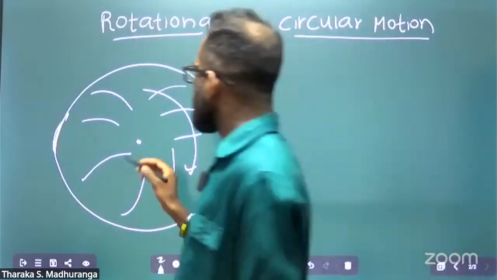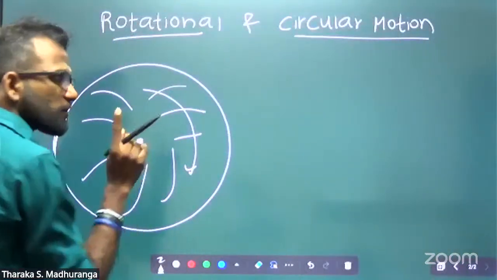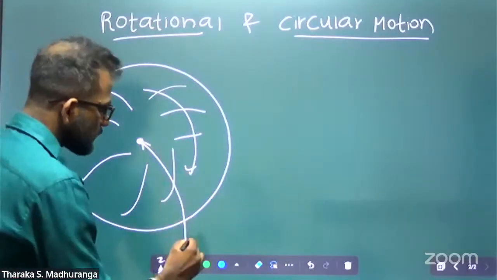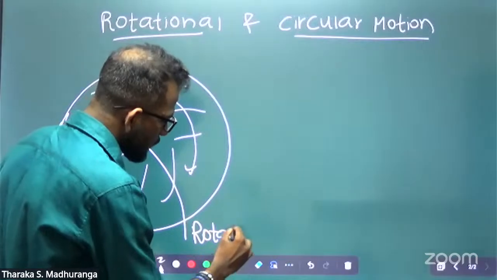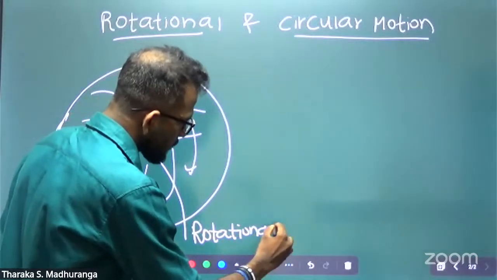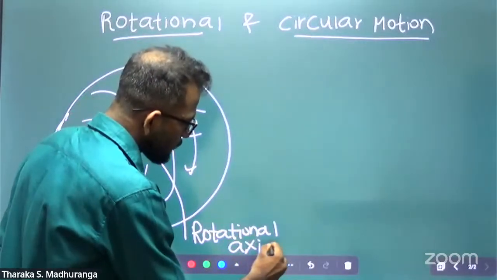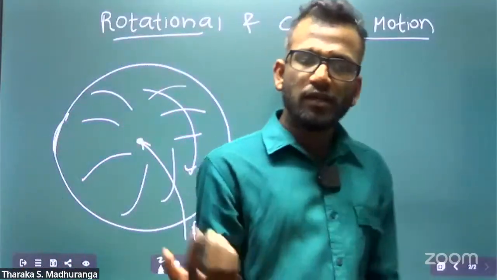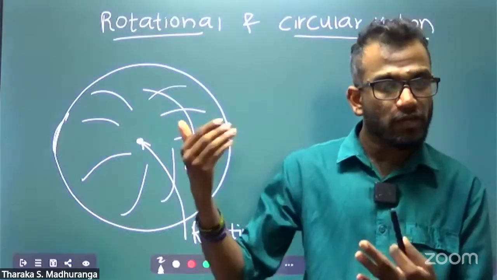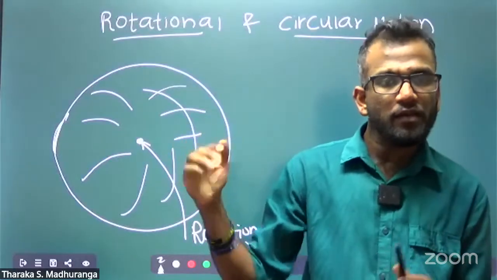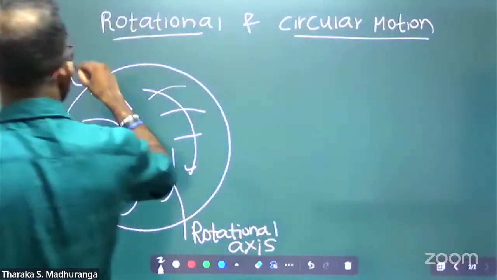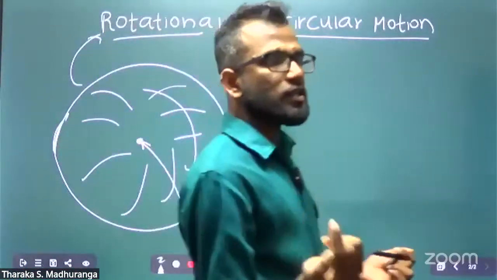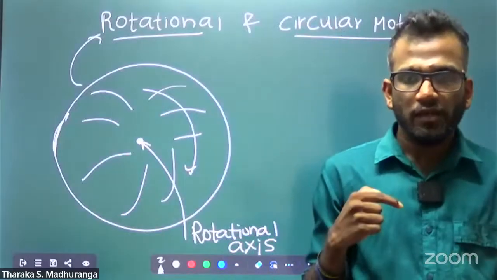Why? The rotational axis is within the object. That's the point. If the object is rotating with the rotational axis within the object, that we call rotational motion.